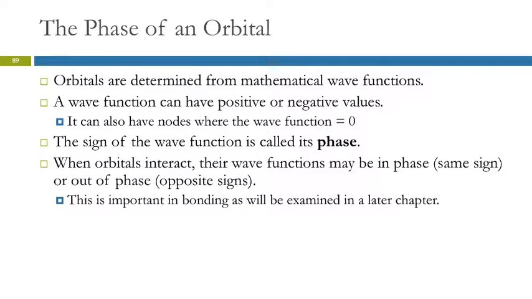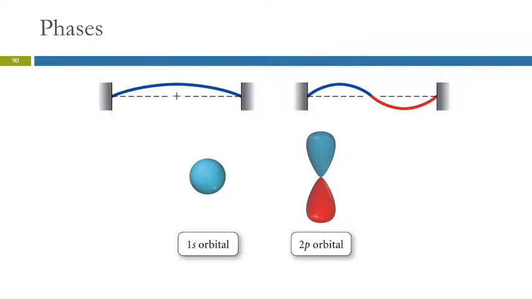The orbitals interact like waves interact with each other. If their wave functions are the same sign, they are in phase, then they are going to constructively interfere with each other. If they are out of phase, opposite sign, they will destructively interfere with each other. And this is a really important concept that we're going to look at in another chapter when we talk about bonding. So phases.